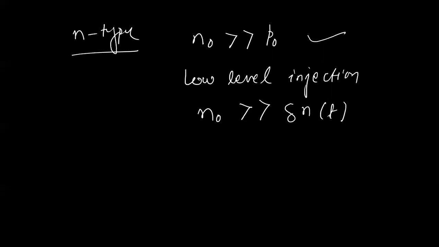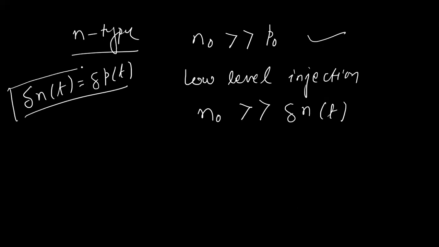And here when I'm writing delta NT or delta PT, don't be confused, because we said delta NT is equal to delta PT. So either you write delta NT or delta PT, for direct band to band generation and recombination the excess carrier concentration will be the same, right?